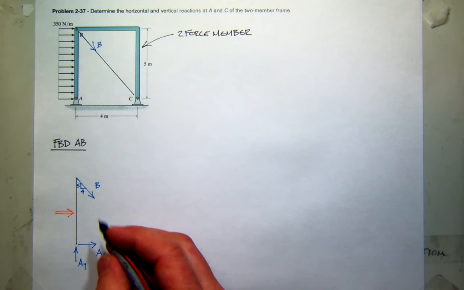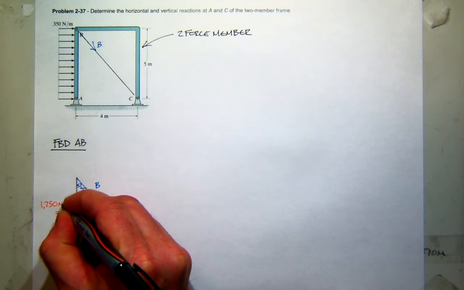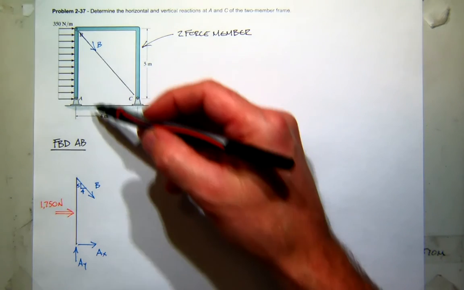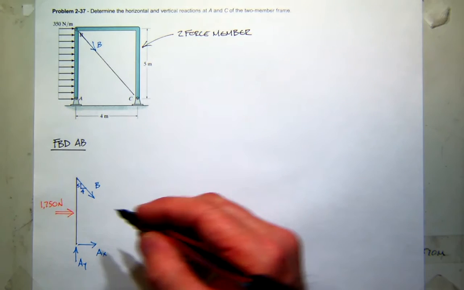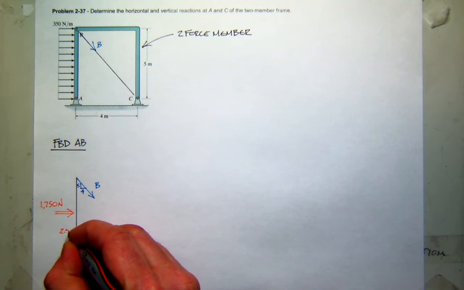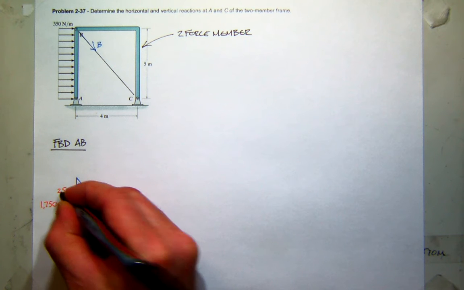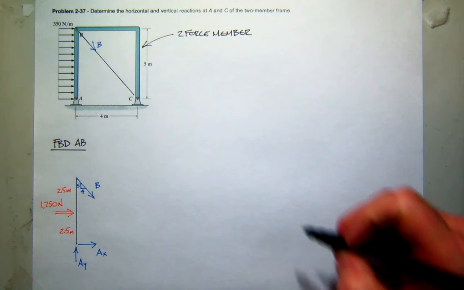And that's going to be 1750 newtons. And it's going to occur where? Well, the centroid of the rectangle is right in the middle, so that'd be half the distance. Yeah, so these dimensions are 2.5 and 2.5. That's meters. I left off the unit, sorry. So there's my free body diagram.